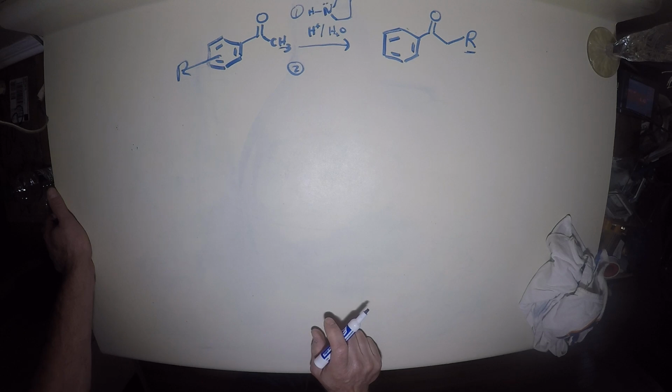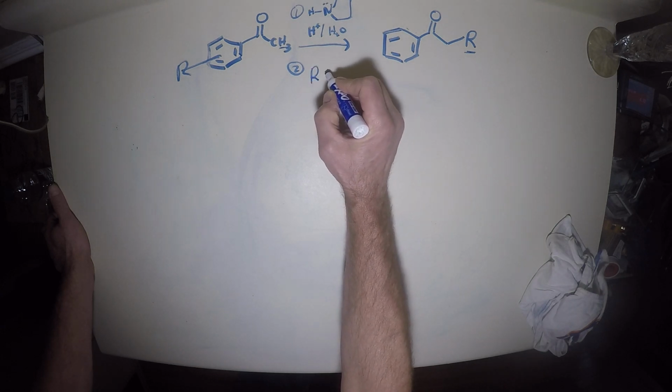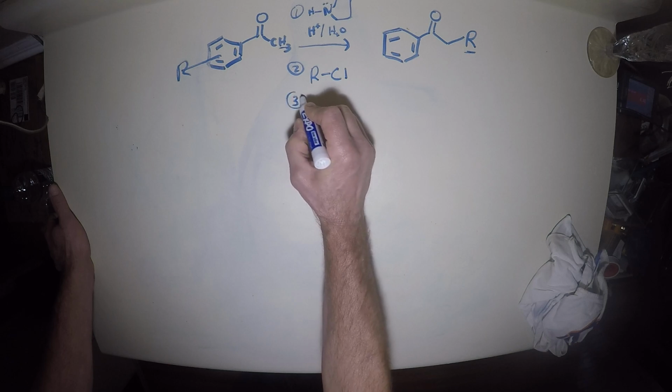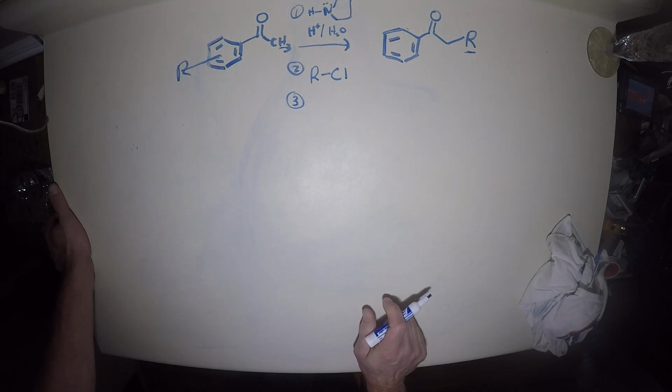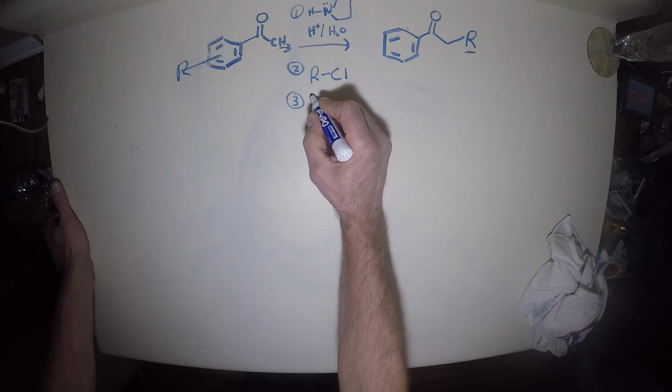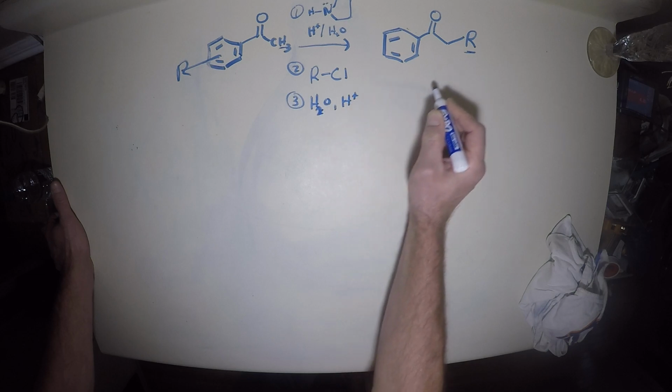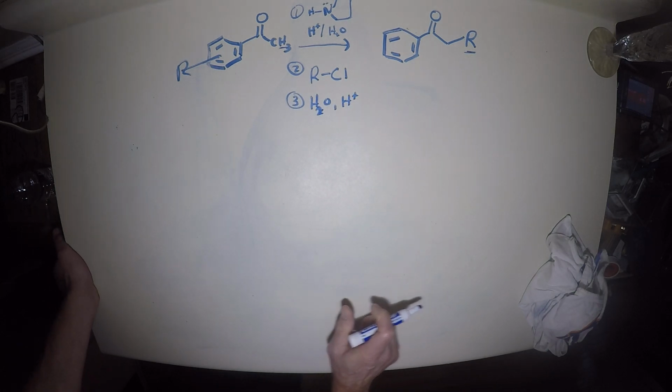This will result in what's called an enamine, and the enamine is a suitable nucleophile where again it could be treated with a halide to alkylate it, and this would result in an iminium alkylated species, which is then hydrolyzed in acid to provide the alkylated ketone.